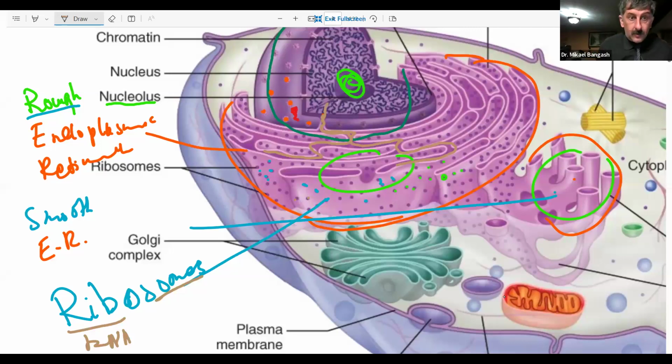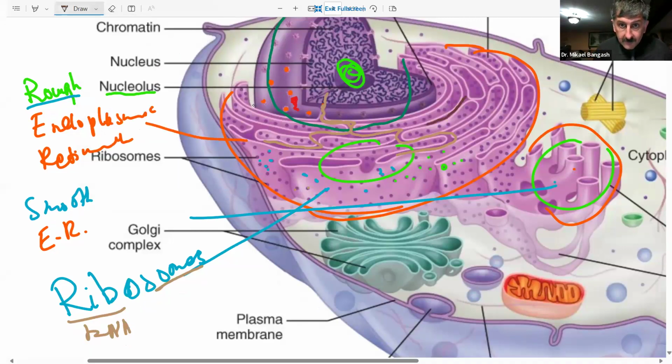Earlier, as I said, it's okay to call it a canal system or the labyrinth inside this rough endoplasmic reticulum.